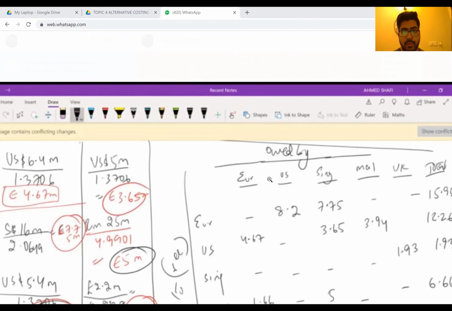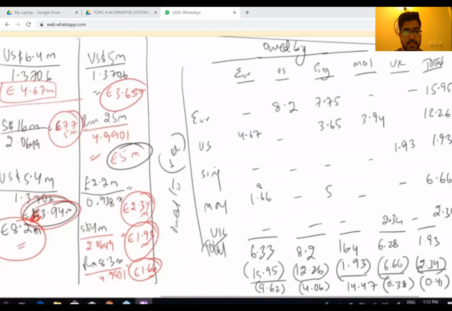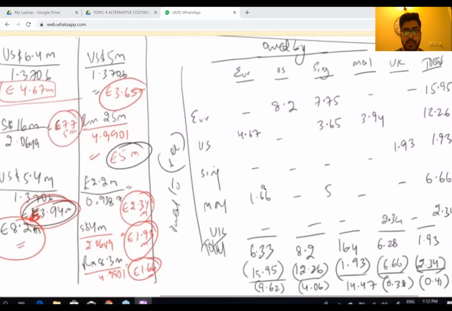I have just shown in front of you the answer of this multi-drop question. You can have a look at this answer and check whether you have done it correctly or not.